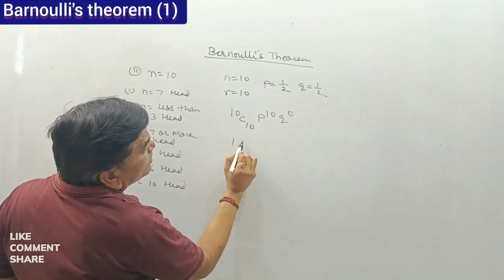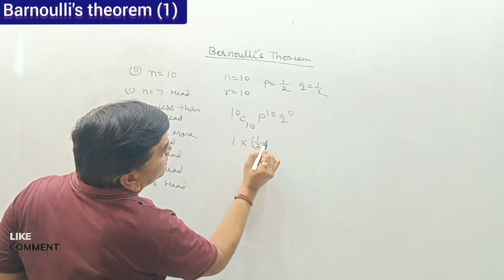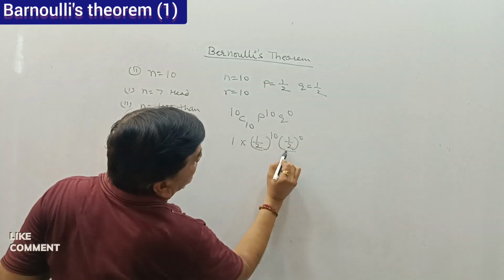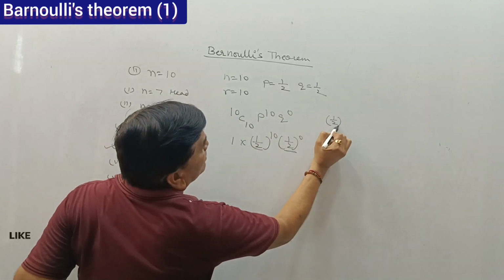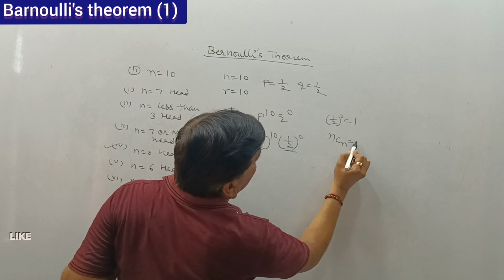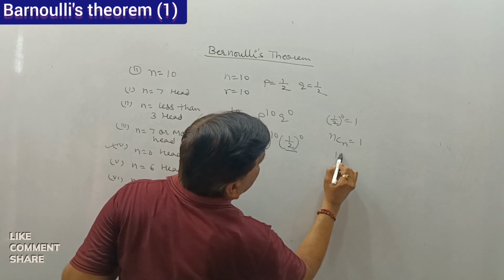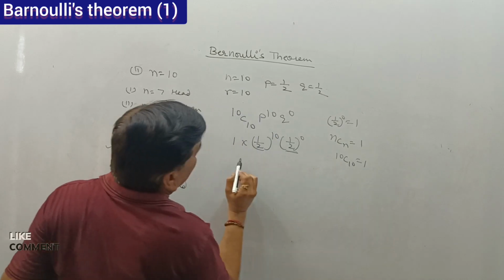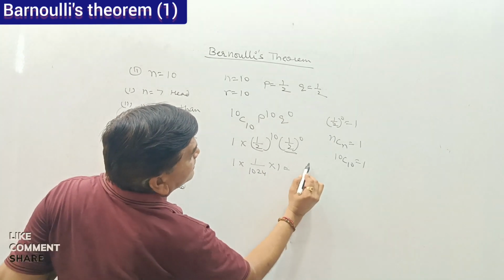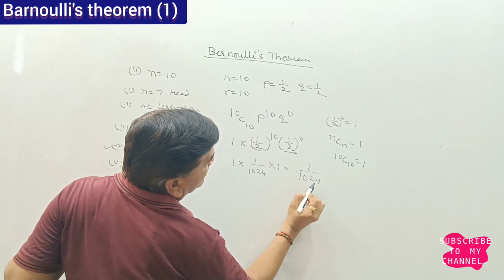So this is 1 by 2 raised to power 10 and 1 by 2 raised to power 0. The value of 1 by 2 raised to power 0 will be 1, and nCn is also 1, so 10C10 will be 1. So 1 multiply 1 upon 1024 multiply 1, that is 1 upon 1024.